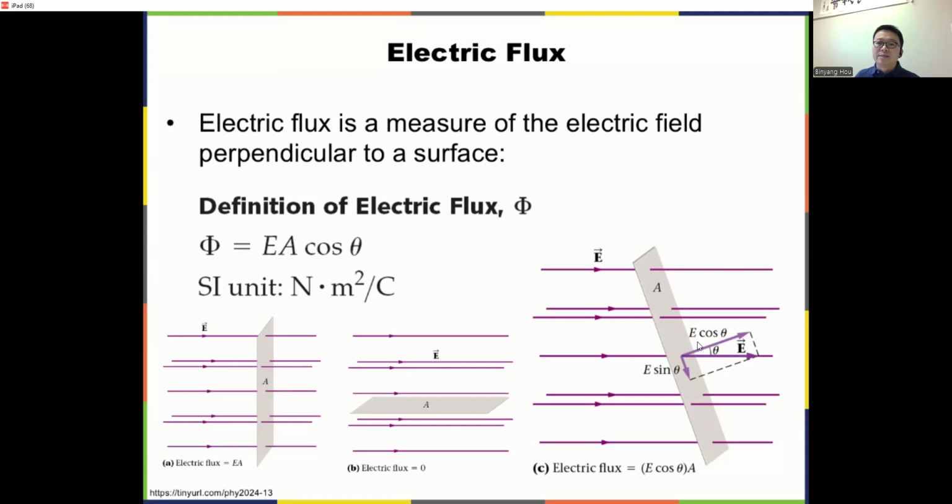In general, it's EA times cosine theta, but the angle theta is the angle between the electric field and the normal direction of the surface, not just the surface itself. So that's the definition of electric flux, a measure of the electric field perpendicular to the surface. You're looking at just the component of the electric field that is perpendicular to the surface, so E cosine theta. E sine theta, parallel to the surface, will give you 0 flux.